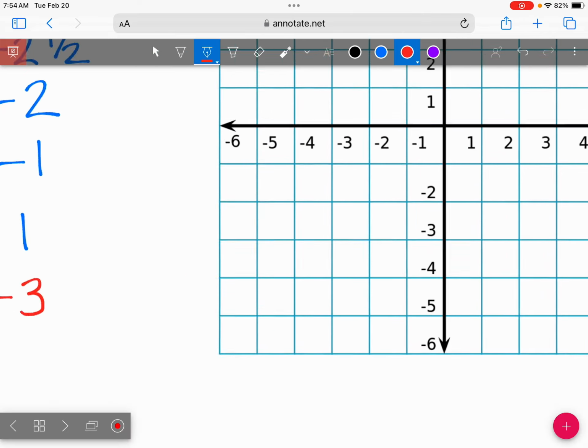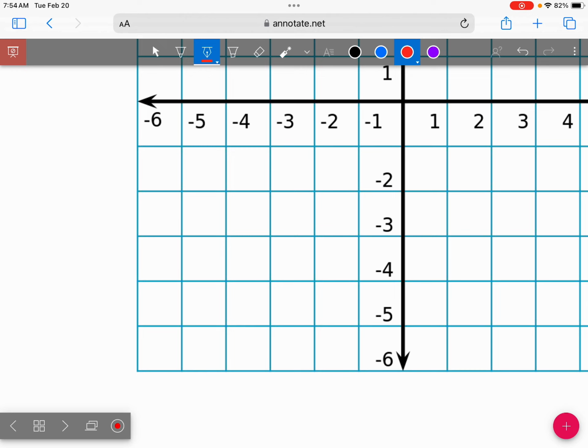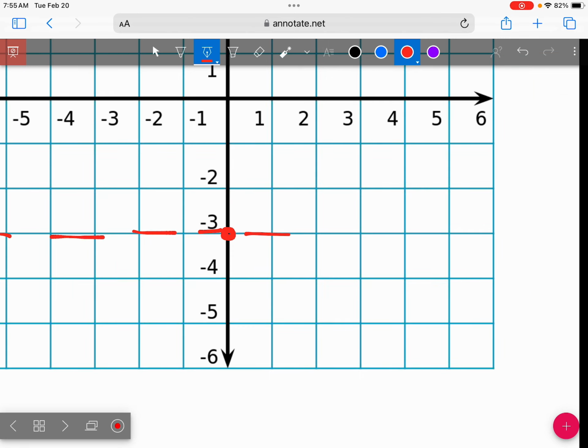So where y equals -3 starts on my 3 here down here at the bottom, and it is a horizontal line. This is that wall. I know it cannot cross. It can come real close, but it can't cross the wall. Can't go through it.